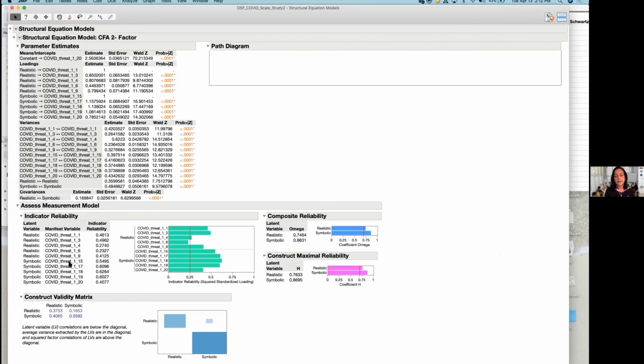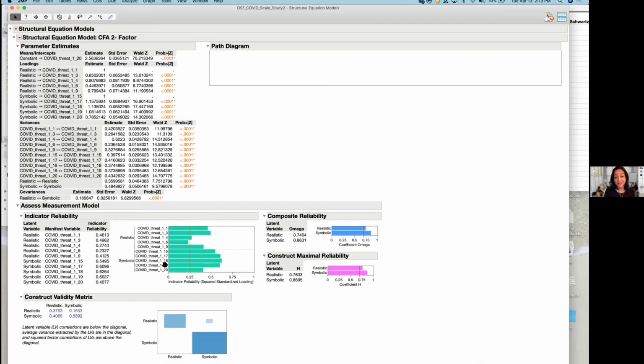And when I click on it, there's this sort of dashboard output where you can see, first, something called indicator reliability. This is basically information that's unique to each of the questions in that survey, right? The indicator reliability is a squared standardized loading. And there's a threshold here, this little line that's just a suggestion, right? We always want to be very careful with cutoff points. It's a suggestion as to what you want the indicator reliability to be.